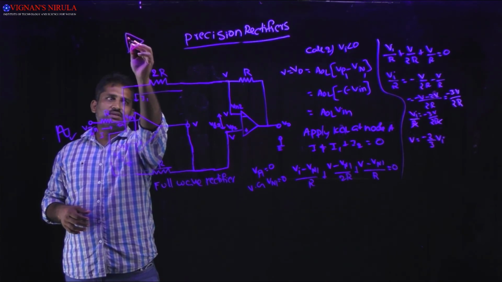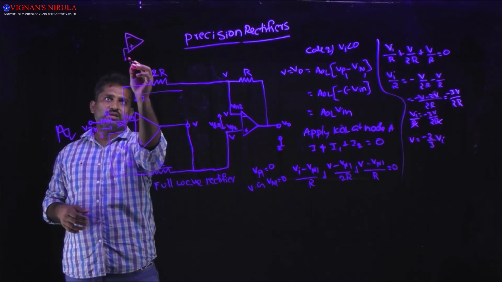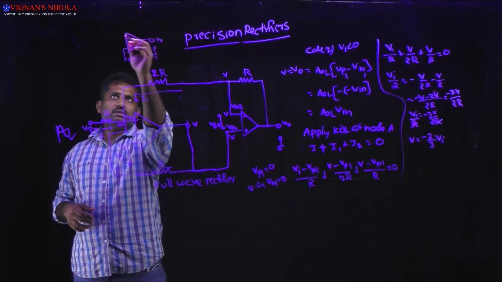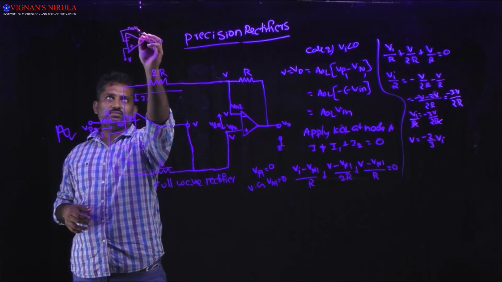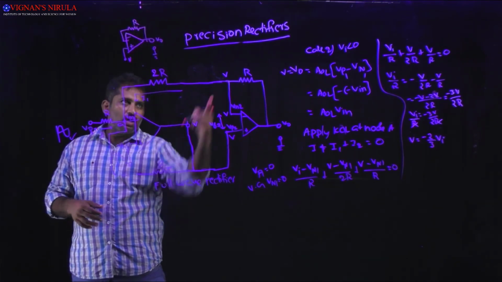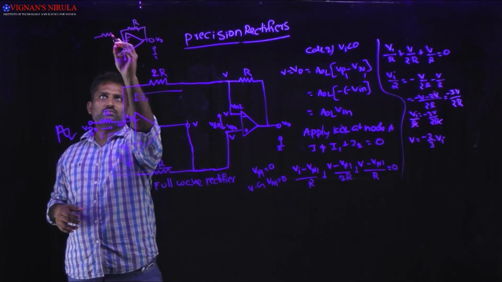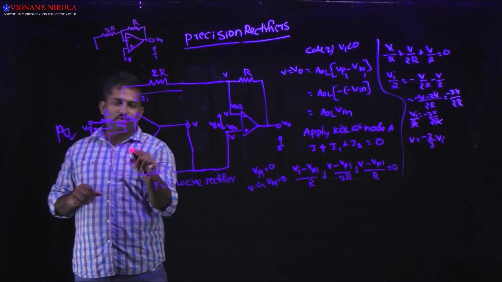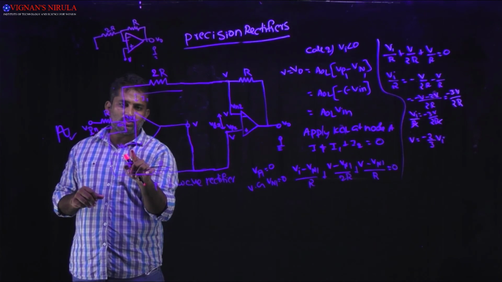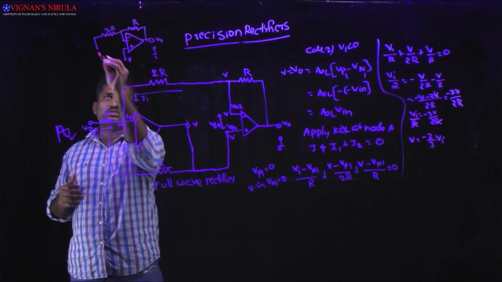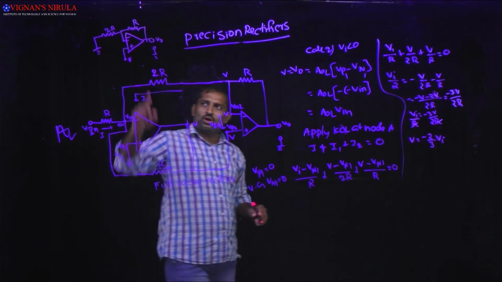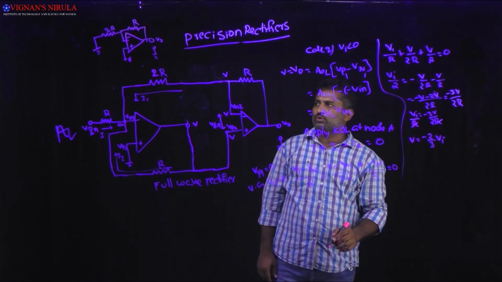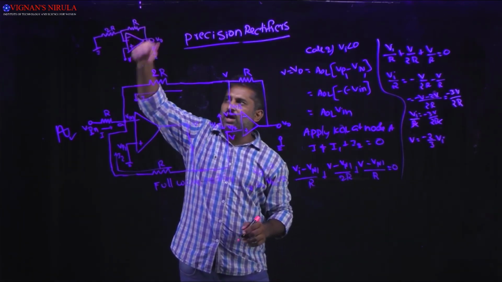Here it is plus and here it is minus, we apply the input at this position and collect the output, and here the resistance is R and this is 2R, and this is connected to Vn1. But according to the virtual ground concept, Vp1 is 0, and obviously Vn1 is also 0. Now the circuit becomes like this, and we have to calculate the output voltage. This is nothing but the non-inverting op-amp.